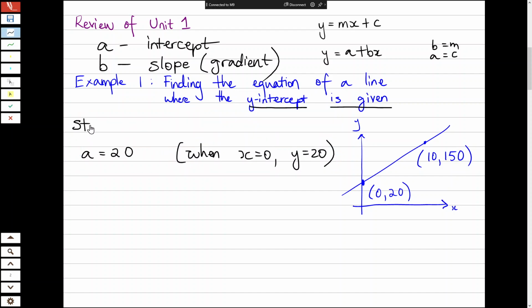So I'll break it up into steps for you. Step 1, read off the intercept. Step 2 is to calculate the gradient.